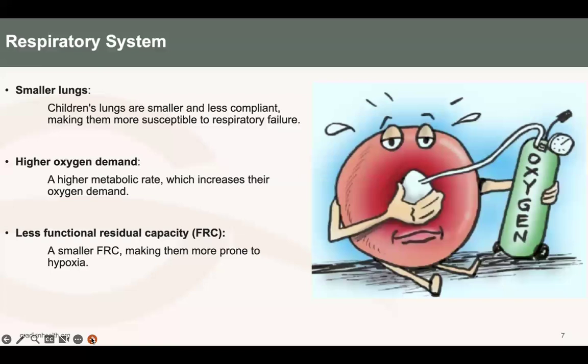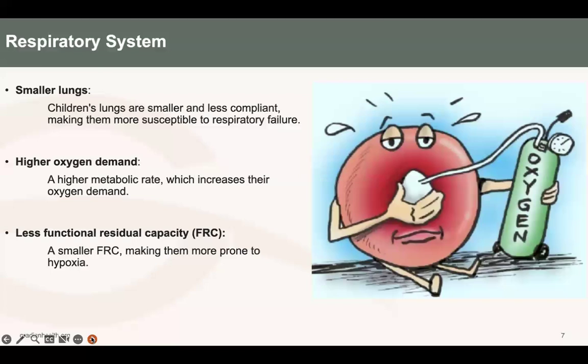Then in addition to this, their oxygen demand overall is also relatively higher, for a lot of different reasons, but physiologically we know they are developing. They are growing up every second. Their cells are functioning every second. And so they've got this increased demand to use up the nutrients that they have.